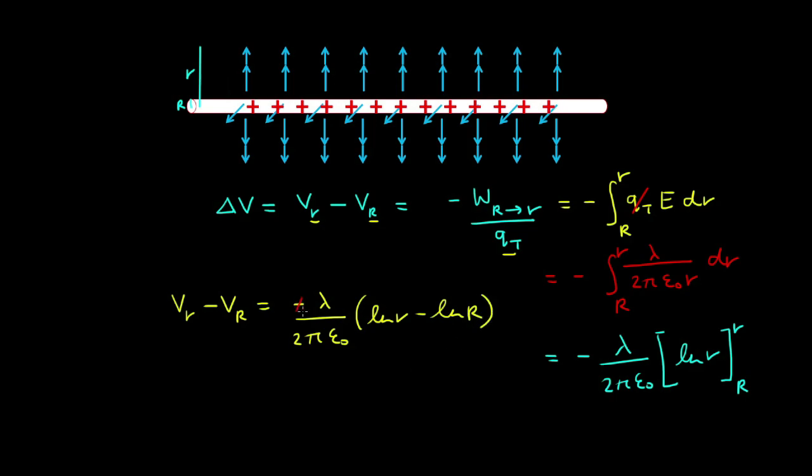So this is the same as minus the natural log of r plus the natural log of R. So if we apply our rules for logarithms, we get the change in electric potential between those 2 points is lambda on 2 pi epsilon naught by the natural log of R on r.